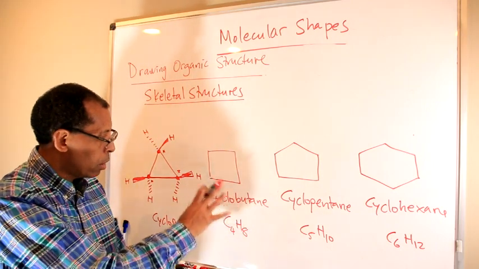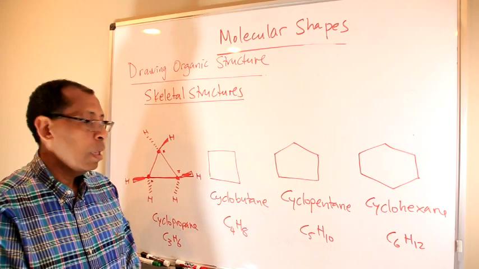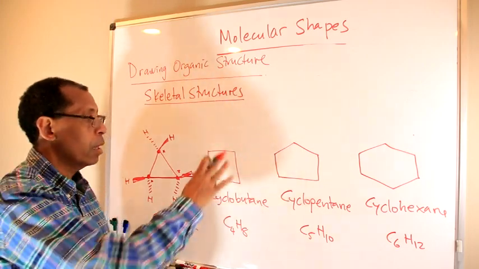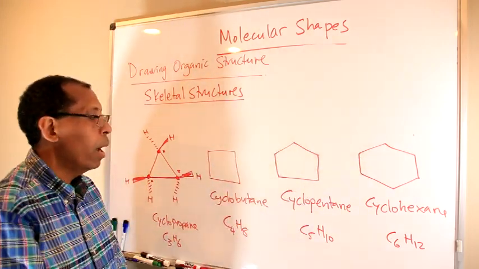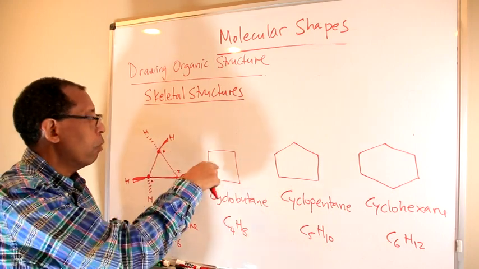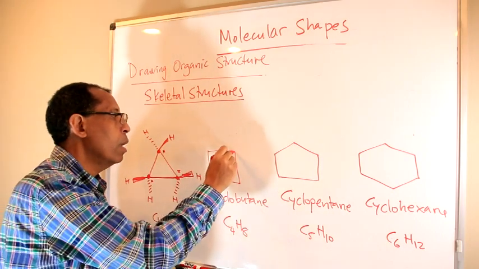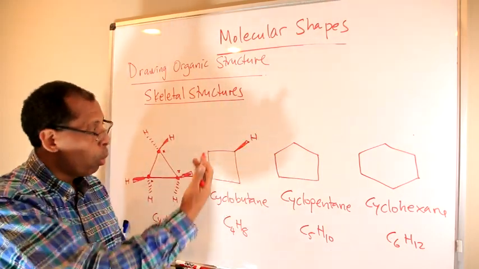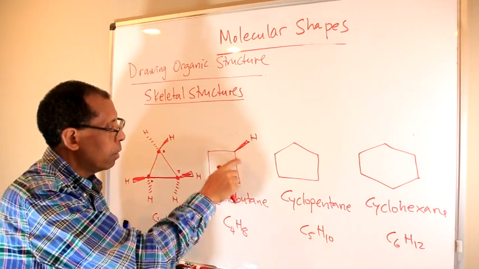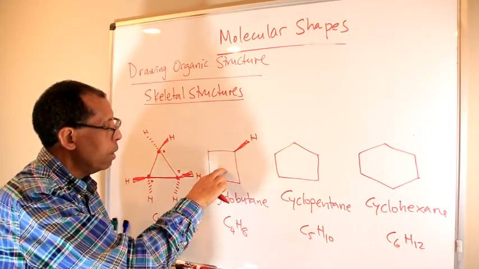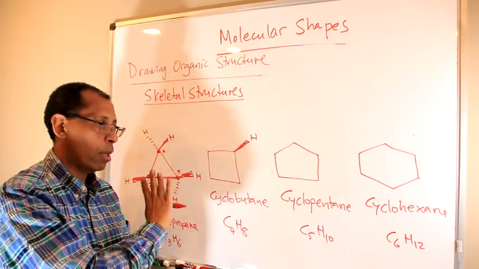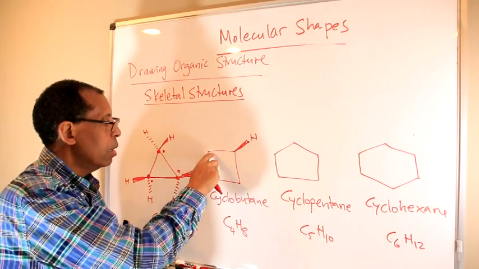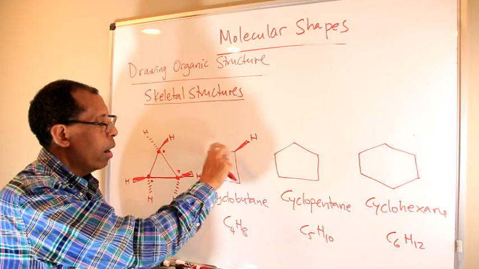Here you see a structure with 4 carbons. It looks like a square, but the hydrogens, if we were to draw, this is a condensed form right now, as you see it. But with the skeletal form, if you include the hydrogens, for example, one hydrogen out of the plane of the board, because the 2 skeletal carbons of the cyclobutane are on the plane of the board. It's as if you just show it flat on the plane of the board, this and this are on the plane of the board.